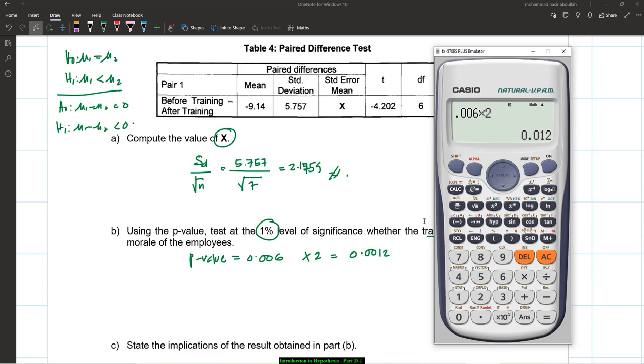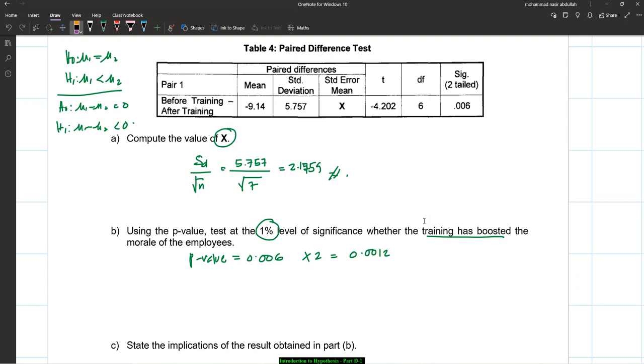Since the p-value 0.012 is more than 0.01, which is our alpha, the null hypothesis is accepted, right?